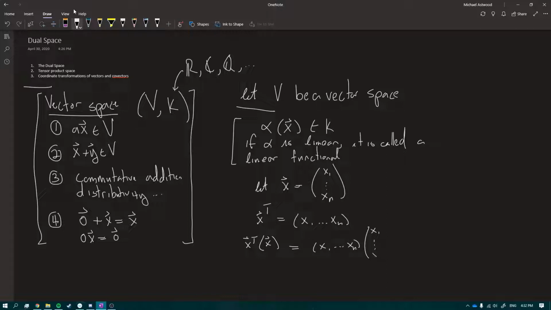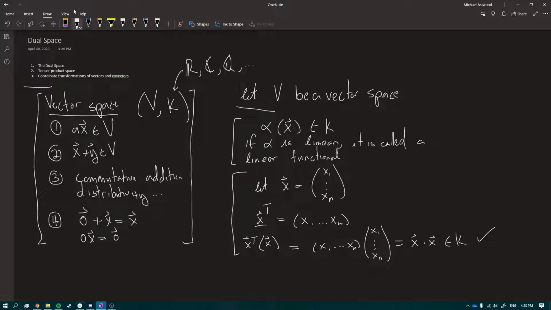And this just gives you x dot x, which is a scalar. So this is an example of a linear functional, and here you can see that there are definitely exactly as many functionals as there are vectors, because every functional can be written as basically the transpose of some vector, or the adjoint is the correct terminology for this operation. And we can usually find an isomorphism between the two vector spaces.